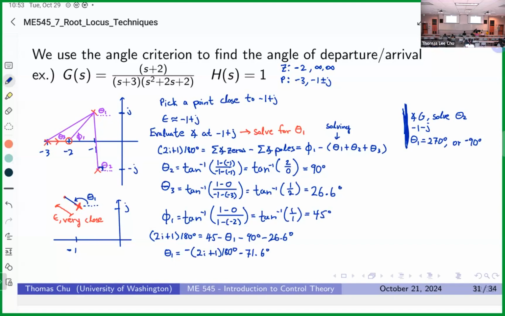So now at this point, we can just start plugging in values of i. We say that i is equal to 0, we get negative 251.6 degrees for n equal to 0.